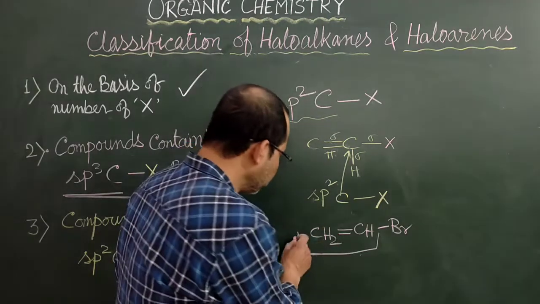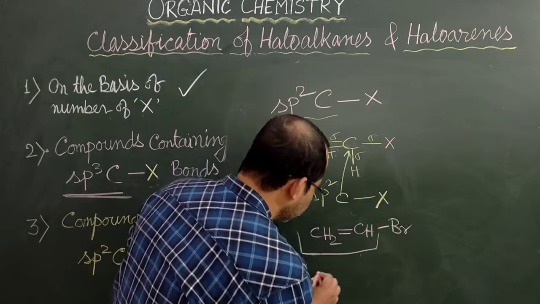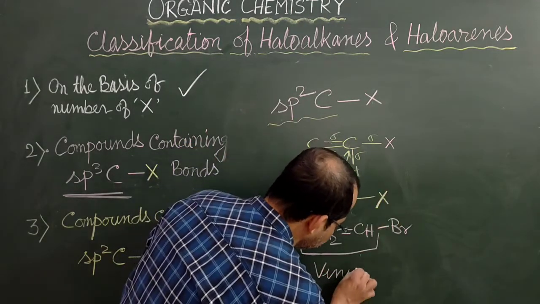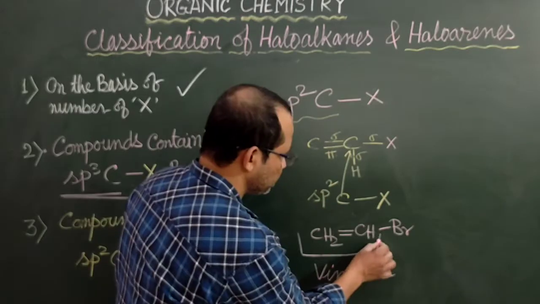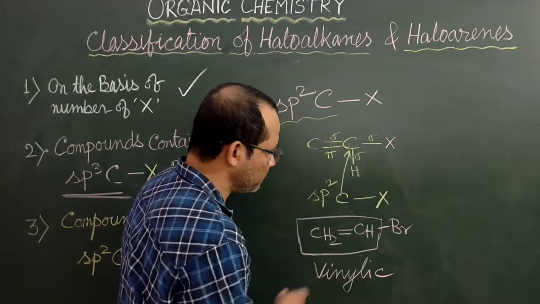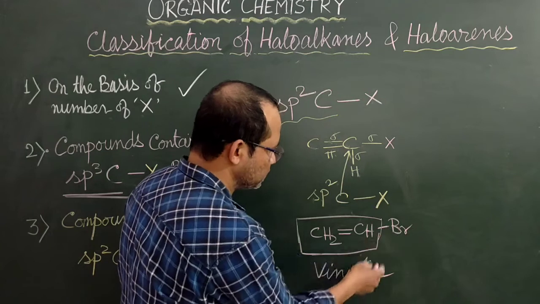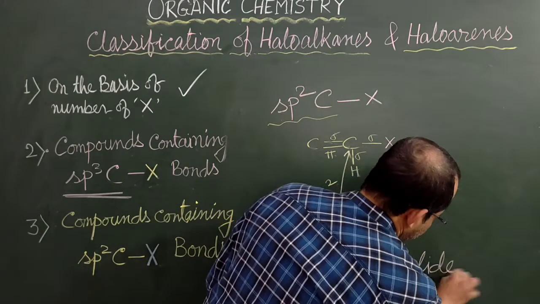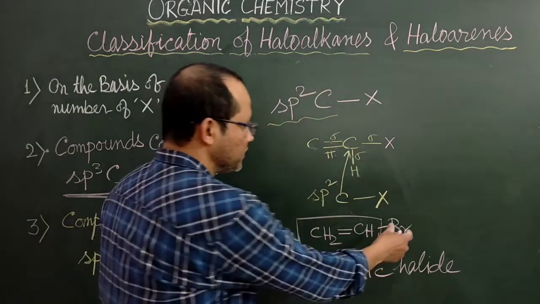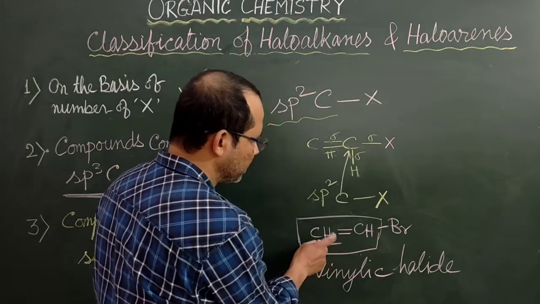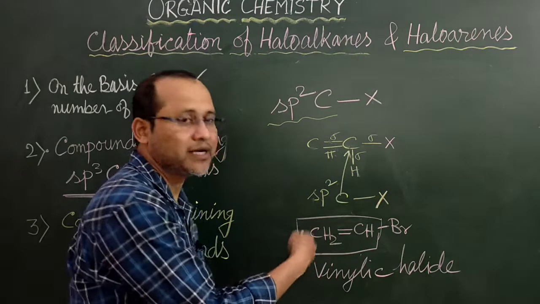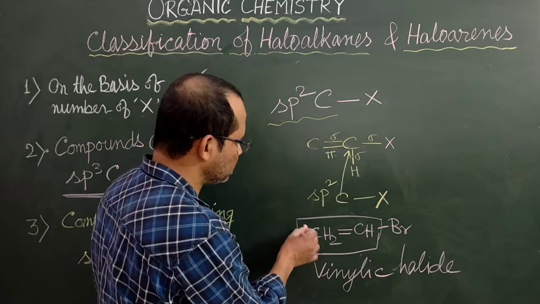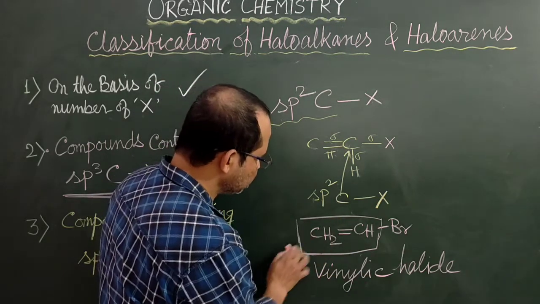Now this type of compound, due to the presence of this, is known as a vinyl group, and along with this a halogen is there, so this is vinylic halide. Okay, so this again may be anything. Without hydrogen you may construct other compounds of this category also, like CH3.